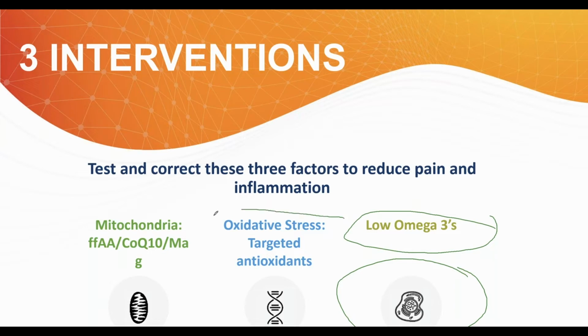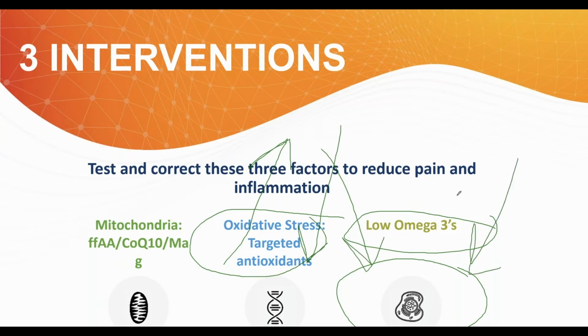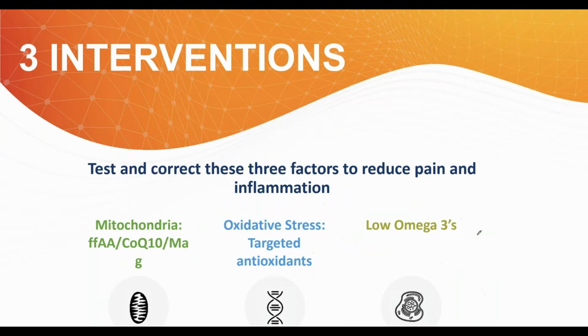And if your oxidative stress is high and you have low levels of fat-soluble antioxidants, then these lipids are going to be a target. So you could even have enough omega-3s, but if you have a problem with fat-soluble antioxidants, those omega-3s are going to be damaged. They're going to be getting oxidized because you don't have enough fat-soluble antioxidants to protect them.